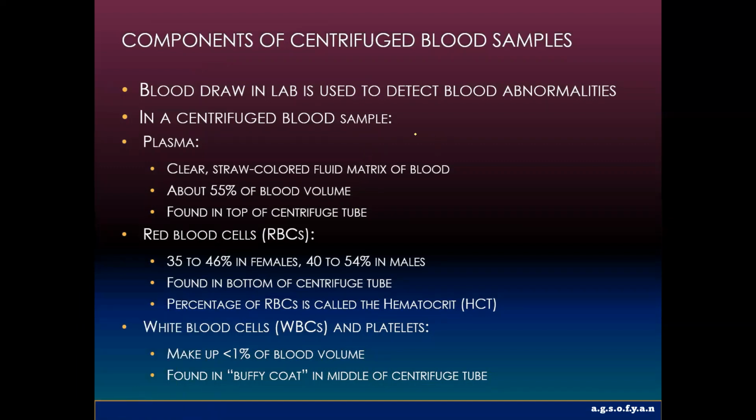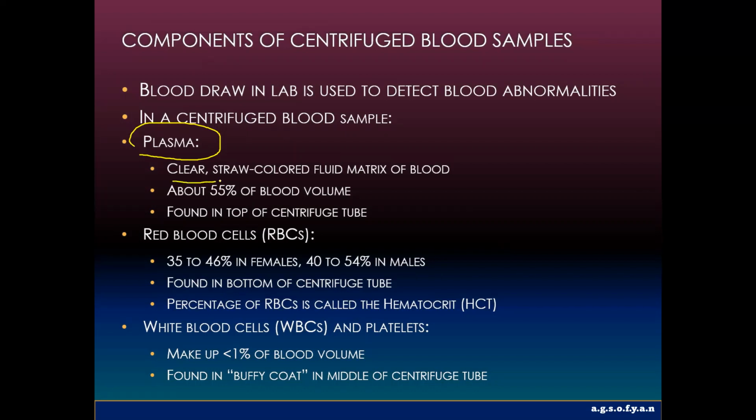Okay, so again, sometimes when somebody goes to the clinic or hospital, a blood sample will be taken to see whether they have disease or infections or some other abnormality in their blood. If it is centrifuged, the most abundant part will be the plasma.